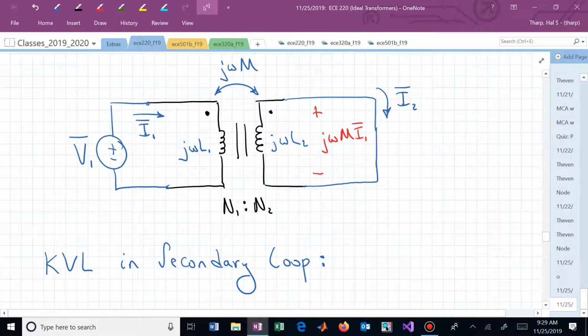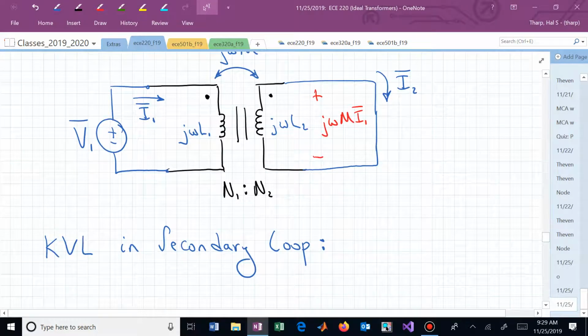So we really have this series connection of voltage drops on the secondary loop. Let's do a KVL relative to those. We have I2 going in the clockwise direction, and what's its voltage drop going through j omega L2? So we're doing KVL around the loop.